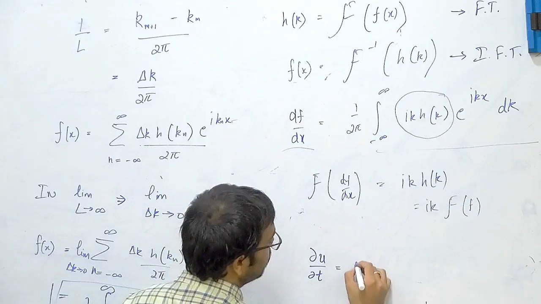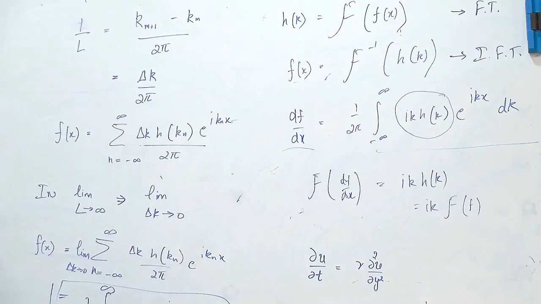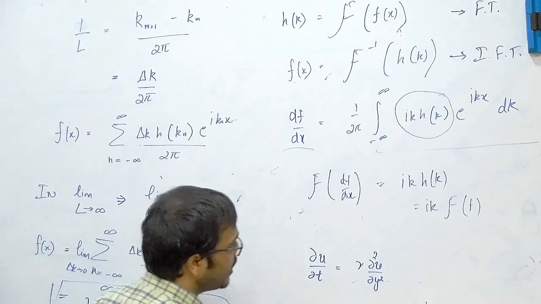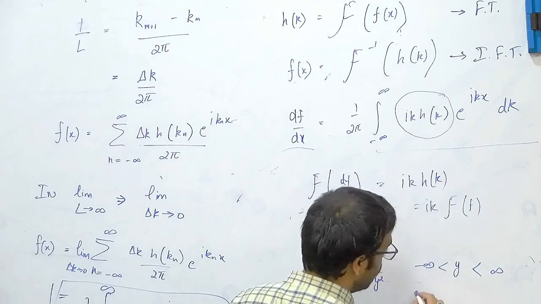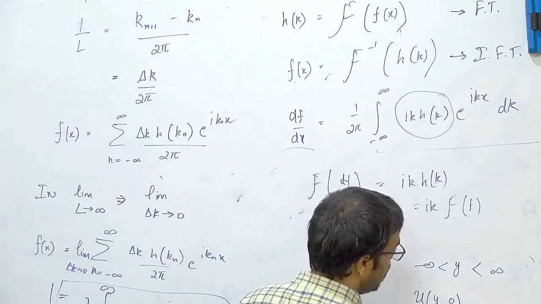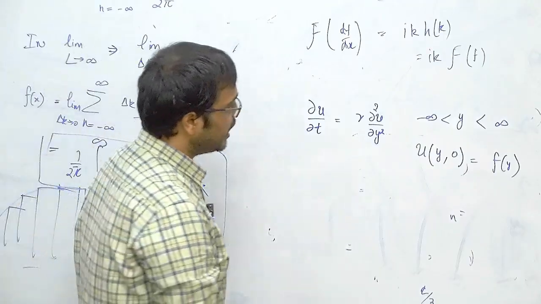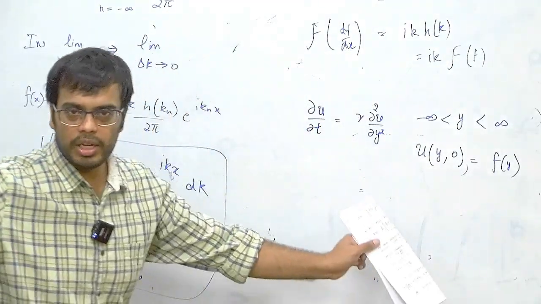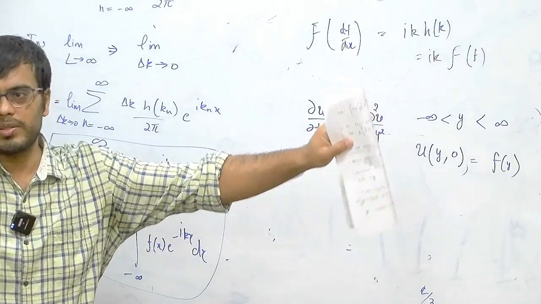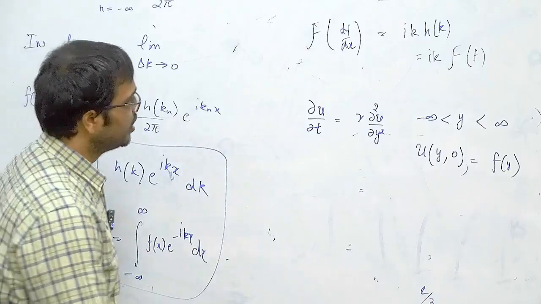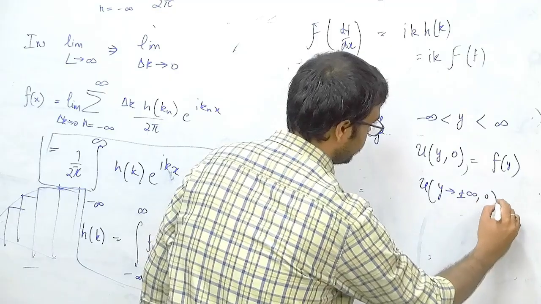Let us say you want to solve this, but this time your domain is not semi-infinite, it is indeed infinite. So, y is between minus infinity and infinity, and you have some initial condition defined. It is really on an infinite domain, that is, for y tends to plus or minus infinity, the velocity is actually 0.